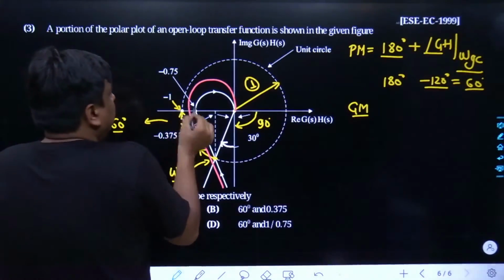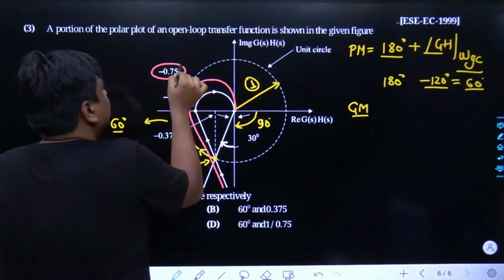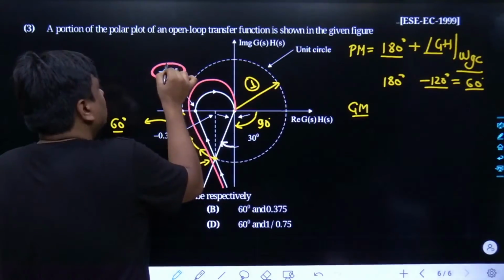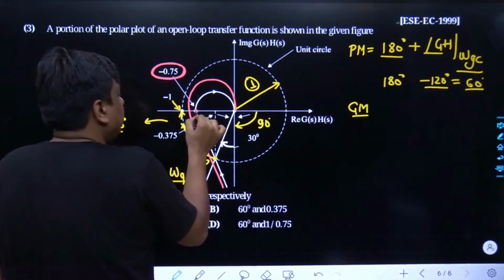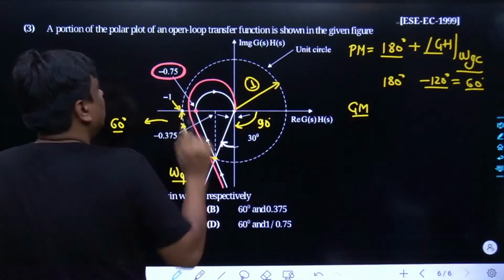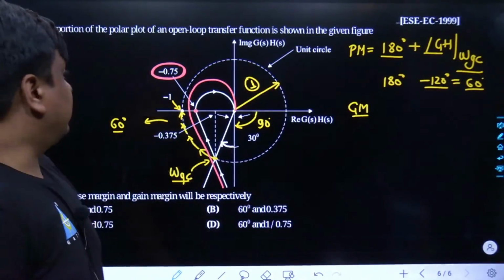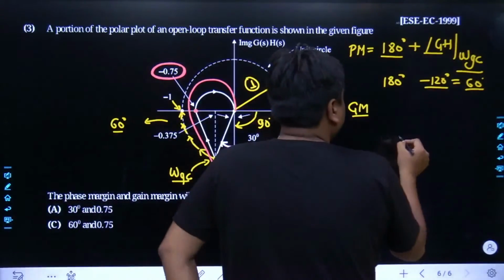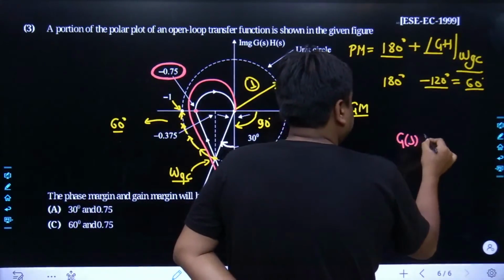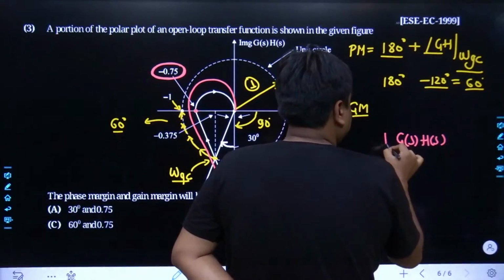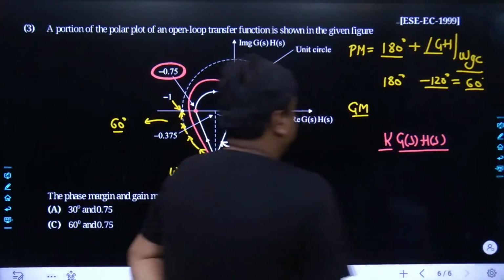See, when we had the standard transfer function, the intersection over the negative real axis was at 0.75. Let's take the system as G(s)H(s), with K multiplied separately.